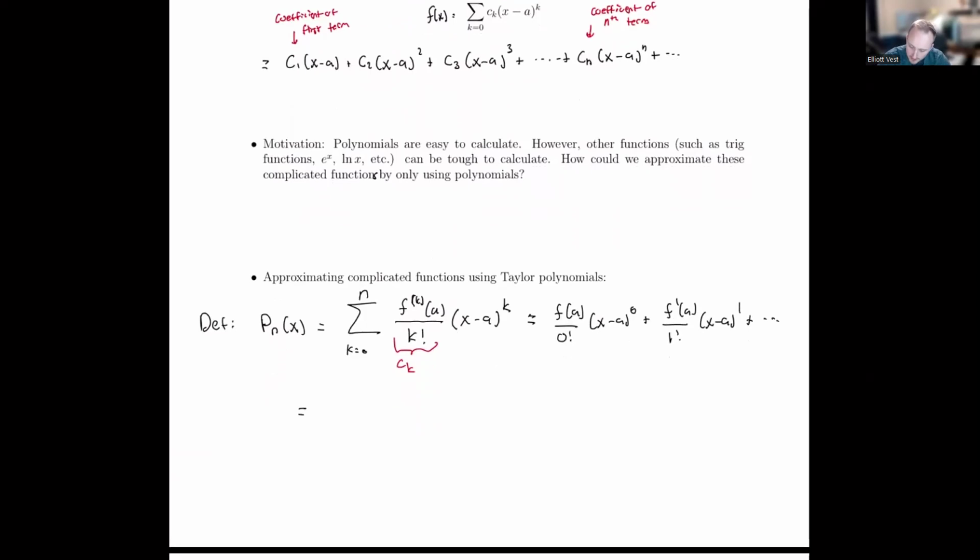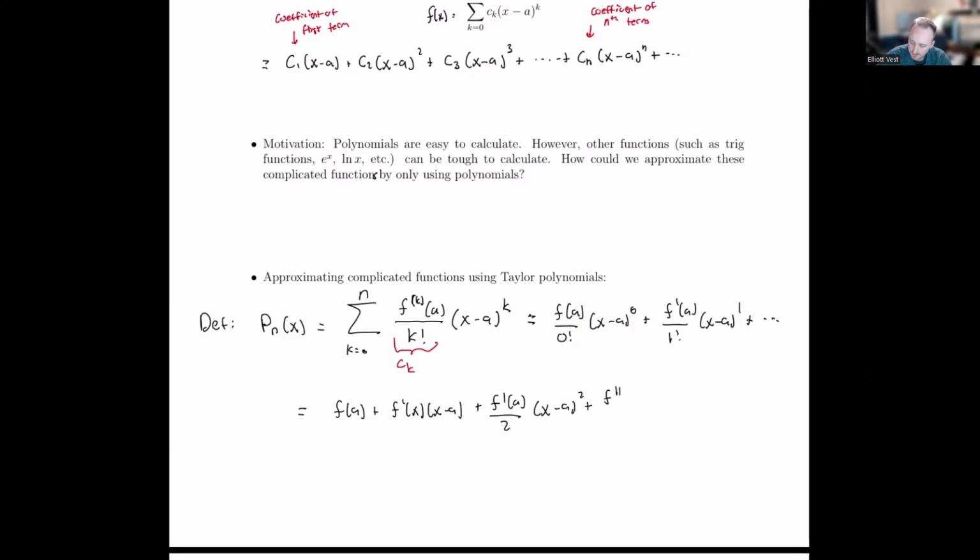0 factorial is 1. x minus a to the 0 power is 1. So this is really f of a plus f prime of a, and because 1 factorial is just 1, I'll just write f prime of a times x minus a to the 1, plus f double prime of a over 2 times x minus a to the 2.